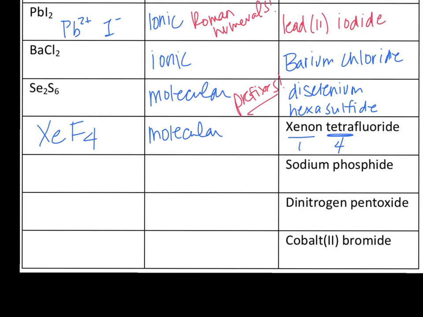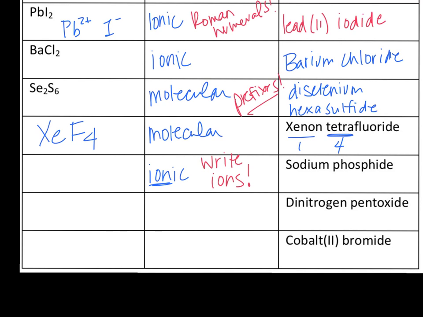All right, next is sodium phosphide, and sodium is a metal, and so this is ionic. And since this is an ionic and we have to write the formulas, you have to write the ions down so that you can balance the charges.